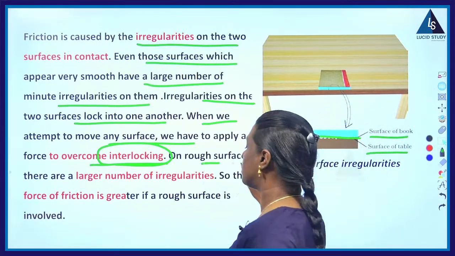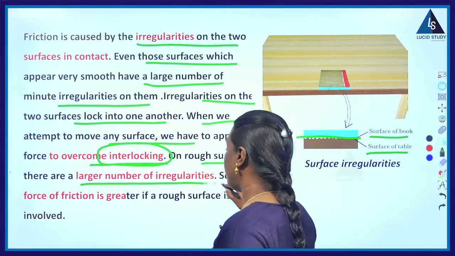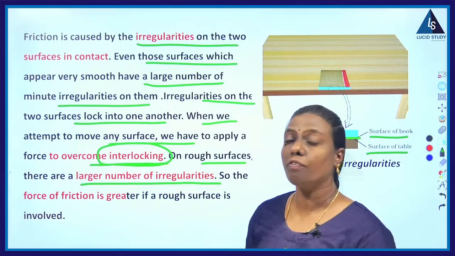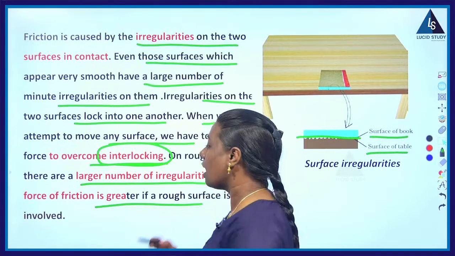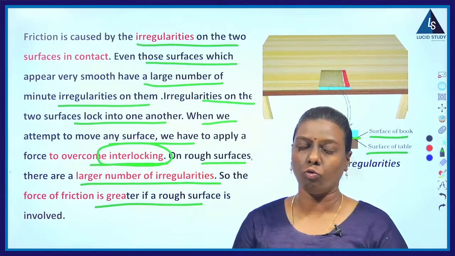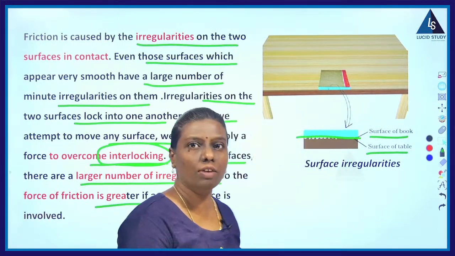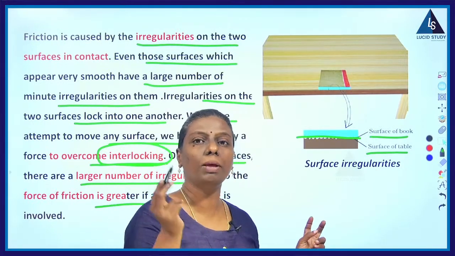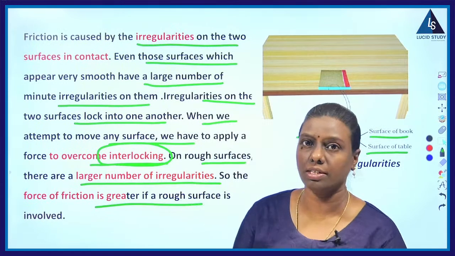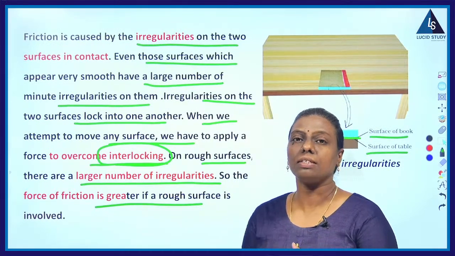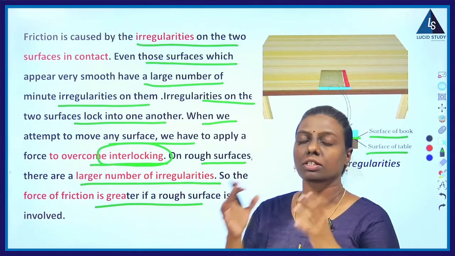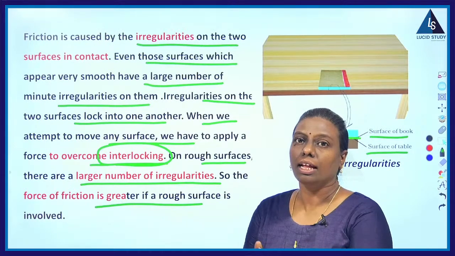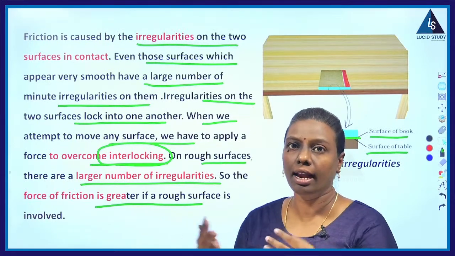On rough surfaces, there are a large number of irregularities, so the force of friction will be greater if a rough surface is involved, and lesser if a smooth surface is involved. That means the pencil travels a long distance on the smooth surface, because the force of friction is less there.